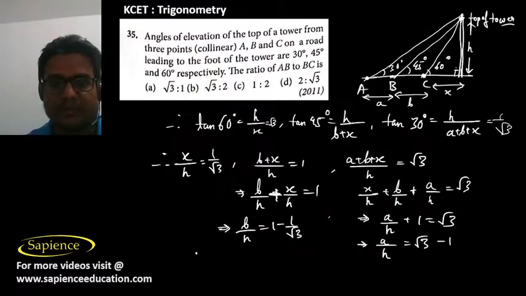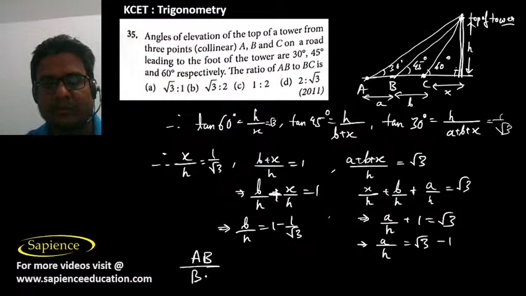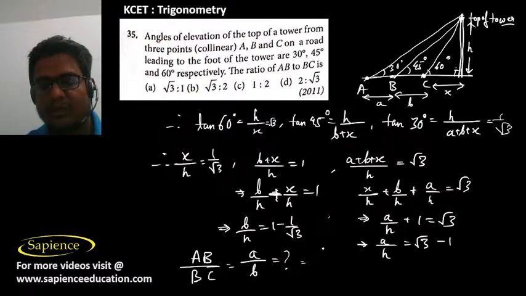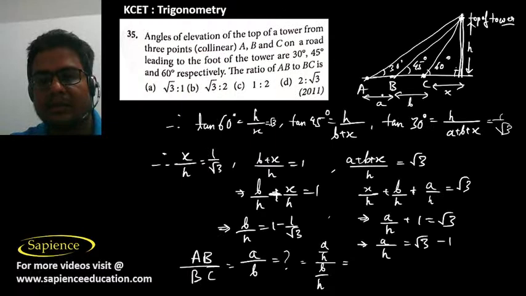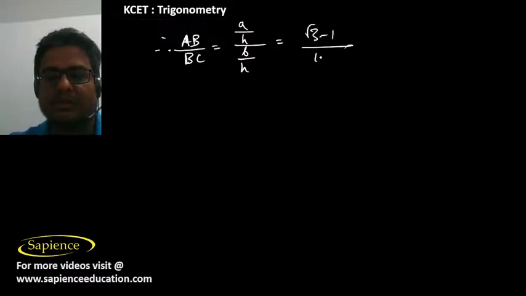Then we have to find the ratio of AB to BC. So AB by BC we have to find. It means that we have to find the value of A by B, so we can write it as A by H by B by H. So AB by BC will be equal to simply A by H by B by H. A by H is root 3 minus 1, and B by H is 1 minus 1 by root 3.